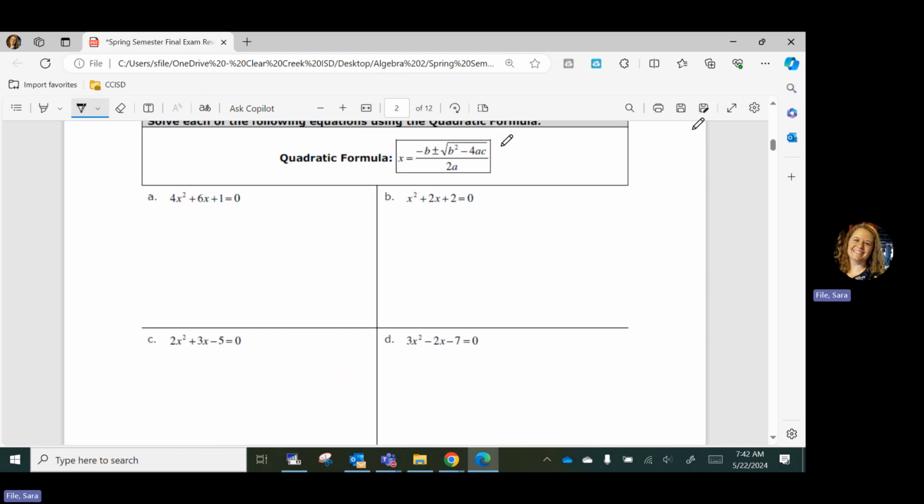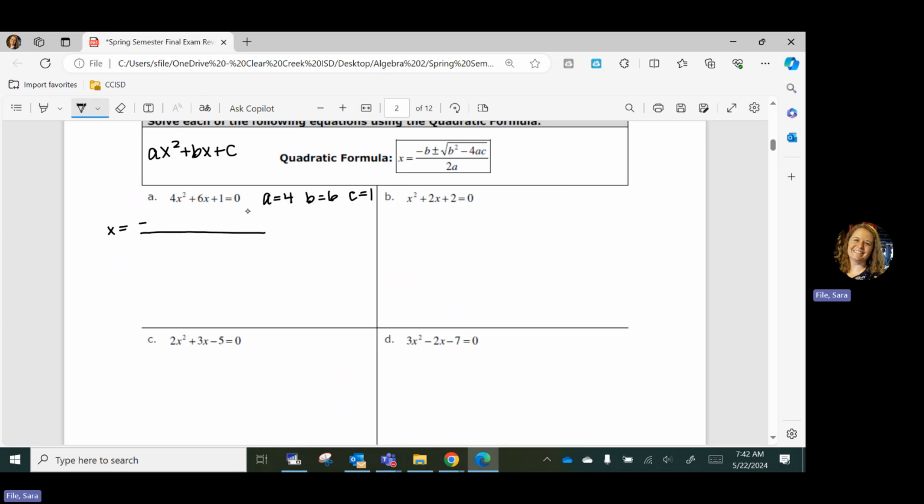So I'll start with A. Here, I can identify A, B, and C because it's AX squared plus BX plus C when you're in standard form. Okay, so all those ABCs need to be identified first. So A is 4, B is 6, and C is 1. So now I'm going to plug those in to the quadratic formula.